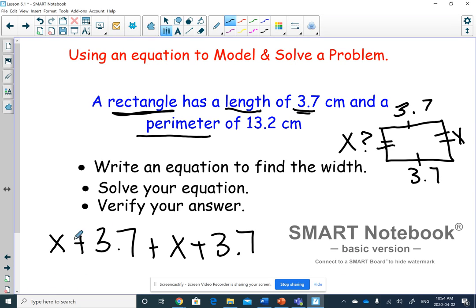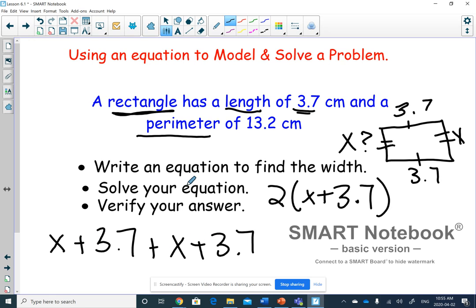So I could write this in a couple of different ways, right? I could write it as 2 times x plus 3.7, because I have x plus 3.7 twice.